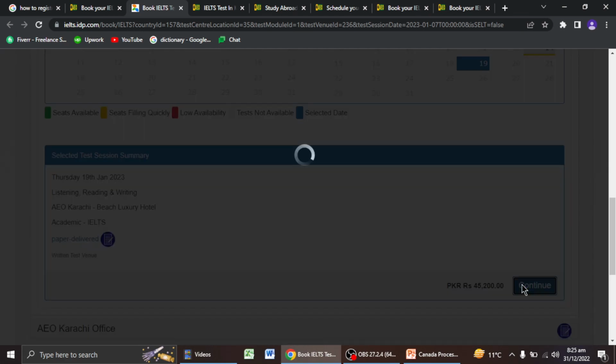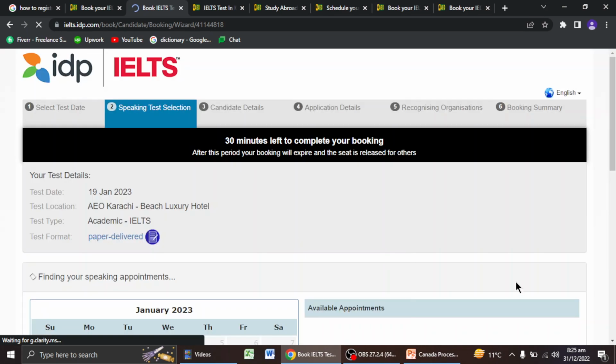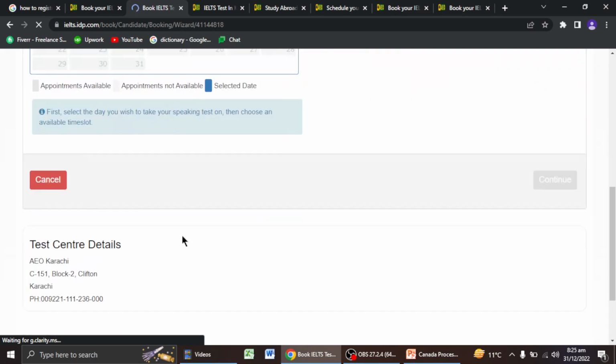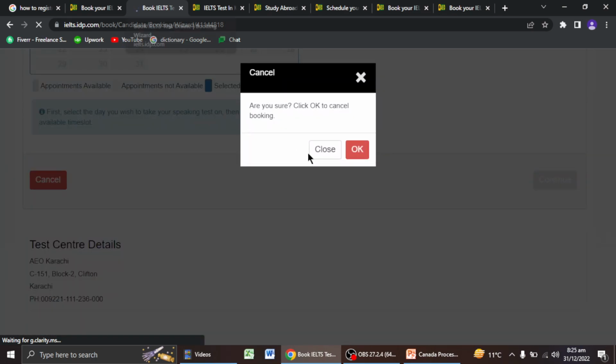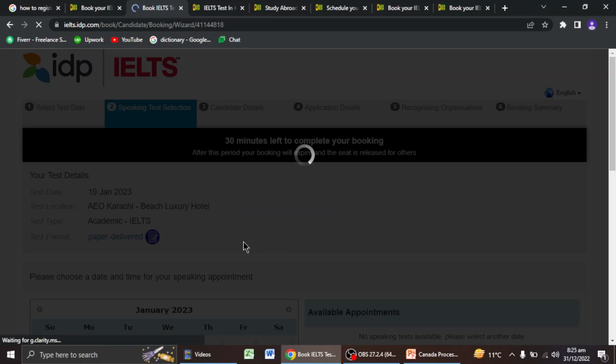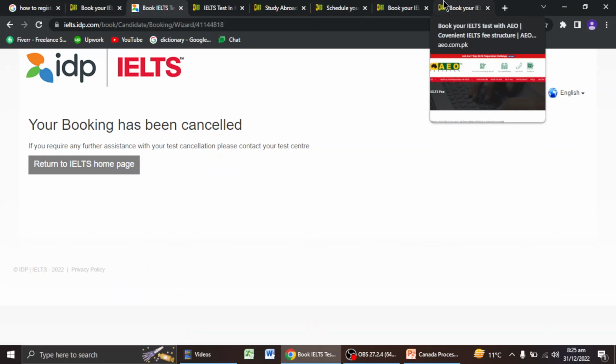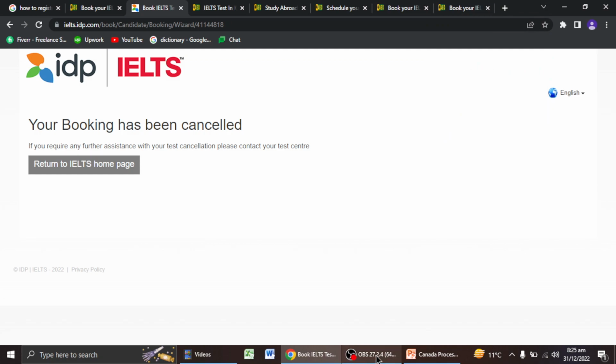You would continue with this, and then it will ask you for your credit card or debit card details and your information, for example. So that's pretty much it, right? Wait, I think I missed out on something. I didn't schedule a date, so I'll choose a date first and then I'll come to this page, and that's how it's going to work. Alright, so this was all the information about how to register for the IELTS exam.